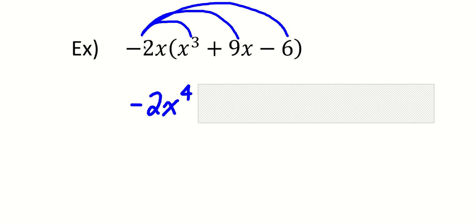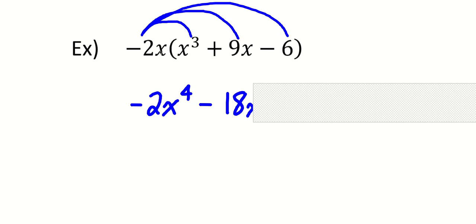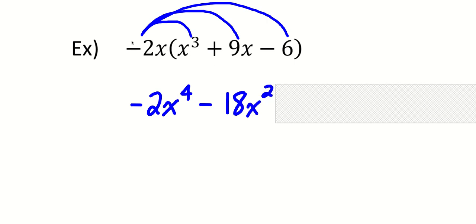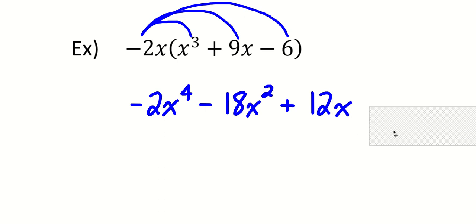And then we have a negative 2 times positive 9, which is negative 18. And then x times x is x squared. And then we have a negative 2 times a negative 6, which is going to be, oh, I thought I wasn't there for a second, plus 12. Remember, a negative 2 times a negative 6 is a positive 12. And then, of course, the x along for the ride.